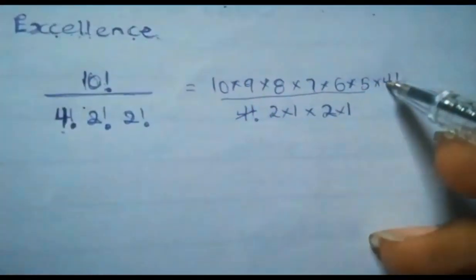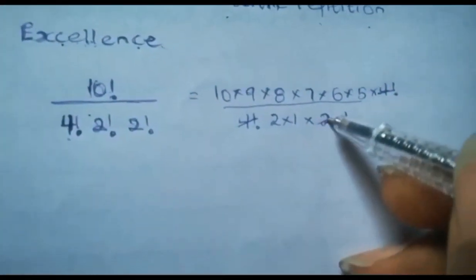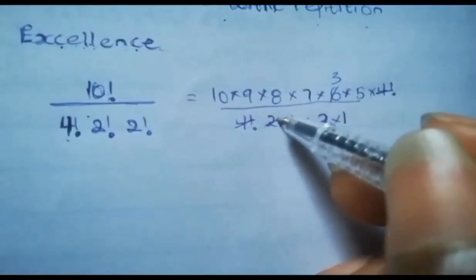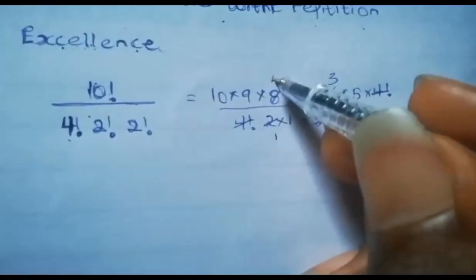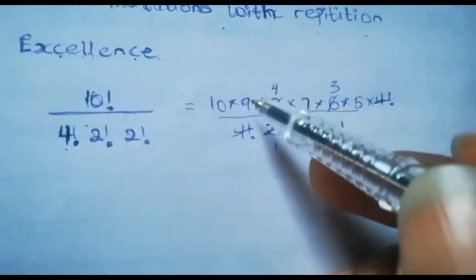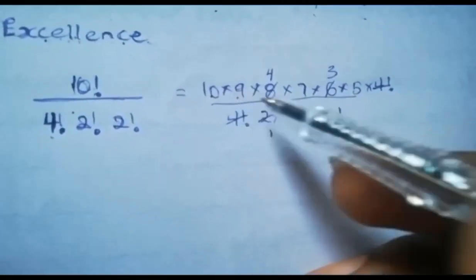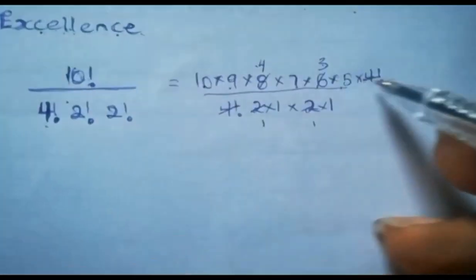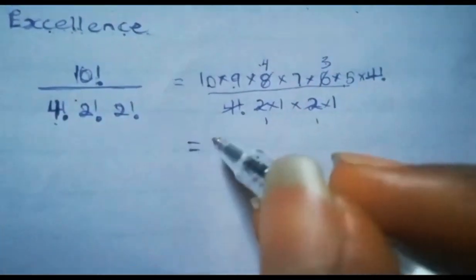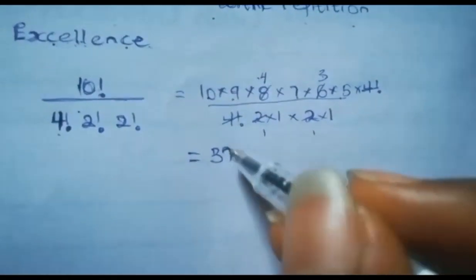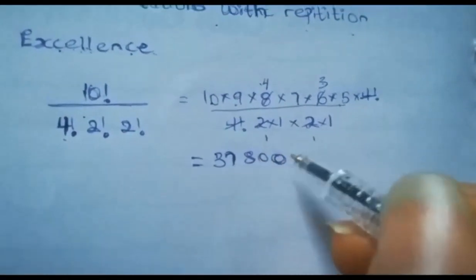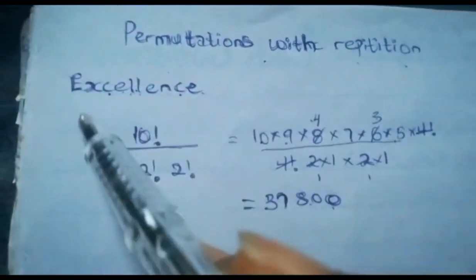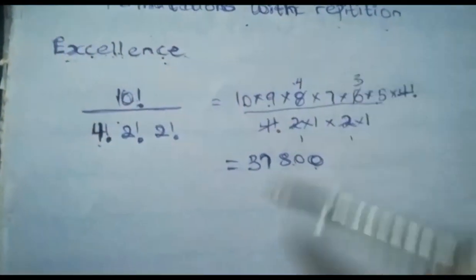We can cancel the 4 factorial out, and the 2s go into 8, 6, and 4. So we now have 10 times 9 times 4 times 7 times 3 times 5. Using the calculator, we get 37,800 ways of arranging the word excellence.